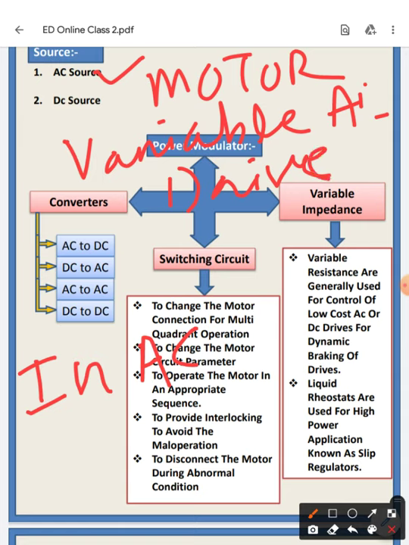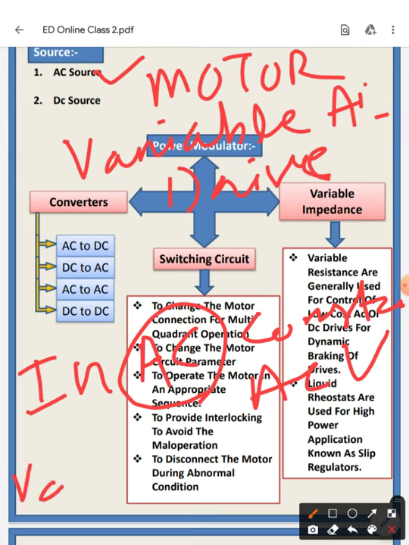then you need to convert the input AC, that is the constant AC voltage, into variable AC voltage.